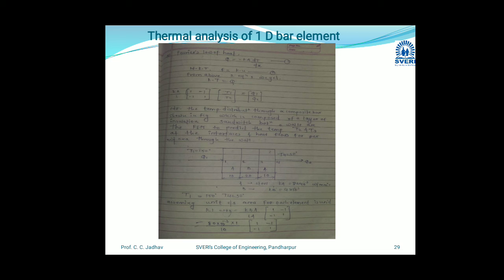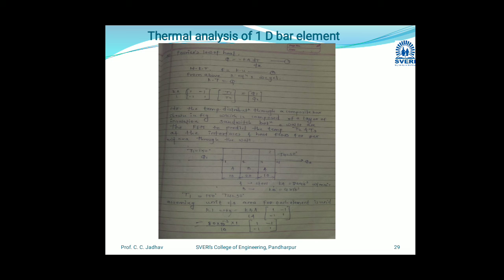Ka means thermal conductivity for the steel material, into cross section area A. So the thermal conductivity for the steel material is 80 into 10 raised to minus 3, into area of cross section 1, divided by length 10, into the matrix. So the stiffness matrix for elements 1 and 3 is equal to 10 raised to minus 3 into the matrix 8 minus 8, minus 8 8. So this is for the first element.